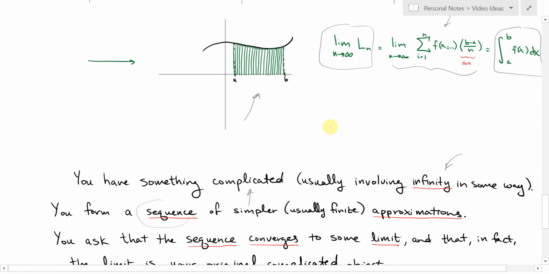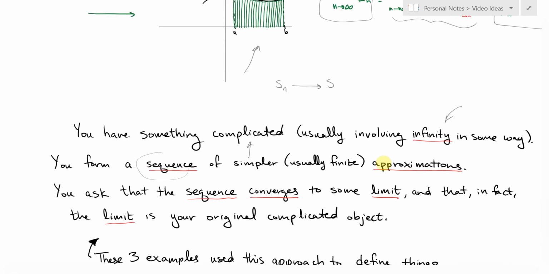So if your complicated object is S, and you have a sequence of simpler objects S sub n, then you want them to converge to S by becoming better and better approximations. You ask that that sequence of approximations converges to a limit, and that in fact that limit to which it converges is your original complicated object.